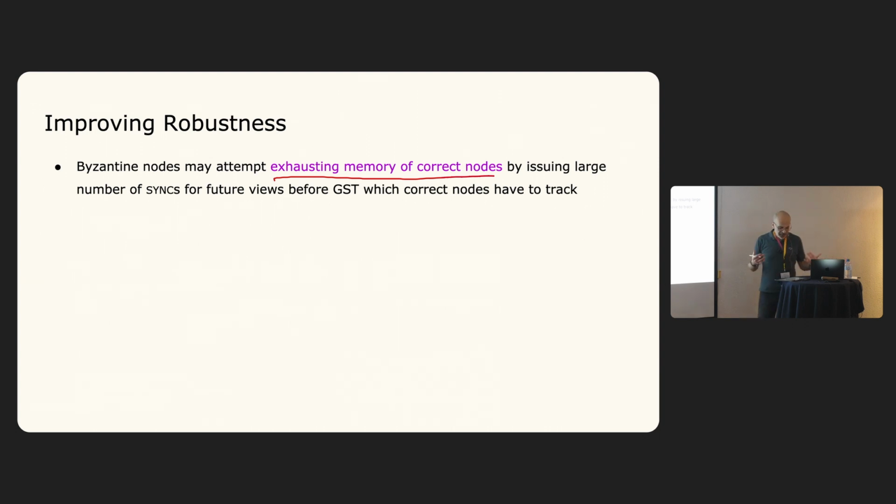So they can actually cause denial of service by doing so, essentially exhausting the memory of correct processes through this attack. So the question is whether we can bound space complexity.